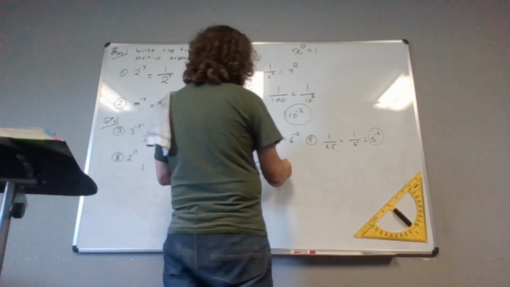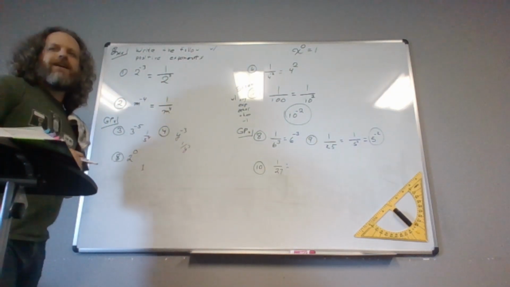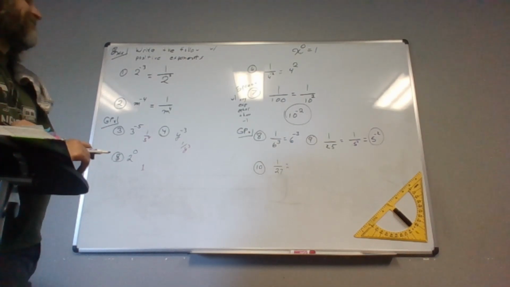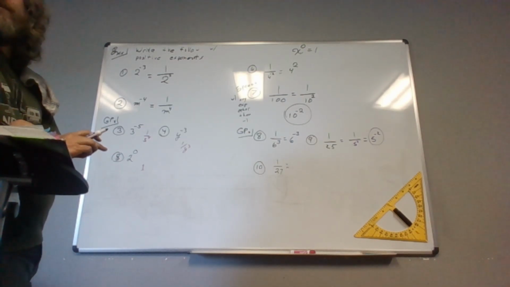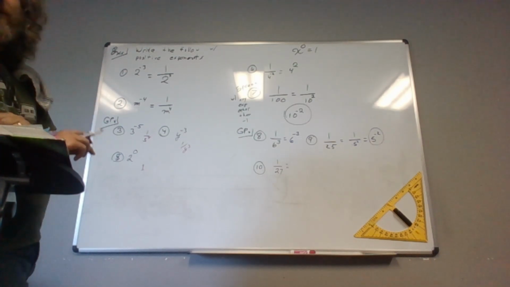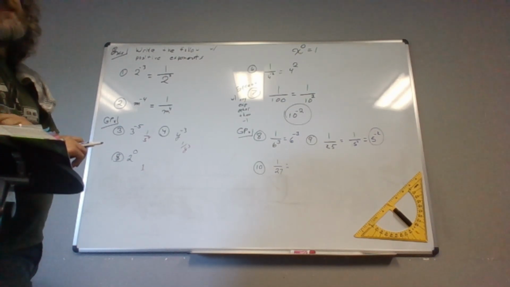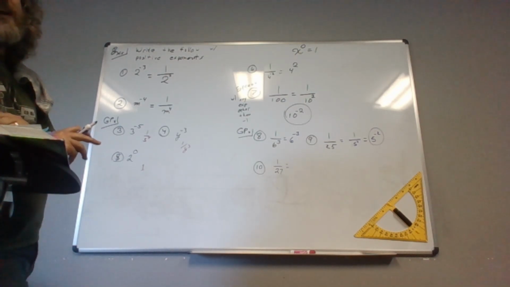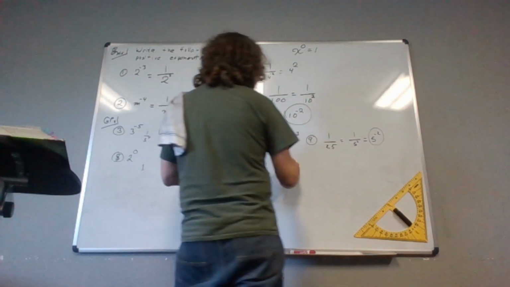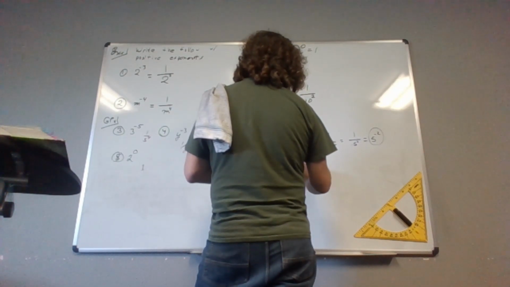So on 10, we need an exponent. Is 3 the exponent? It's got to be some number times itself, some amount of times. Cubed. 3 cubed will give us 27, because 3 times 3 times 3 is 27.